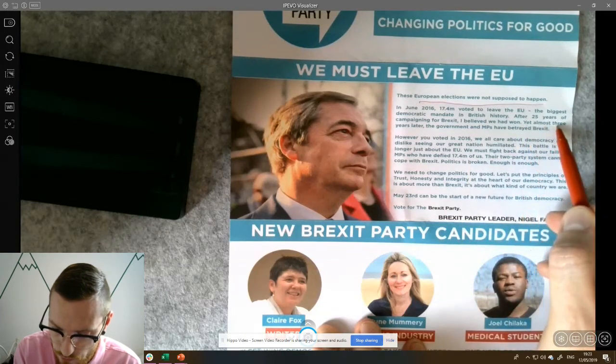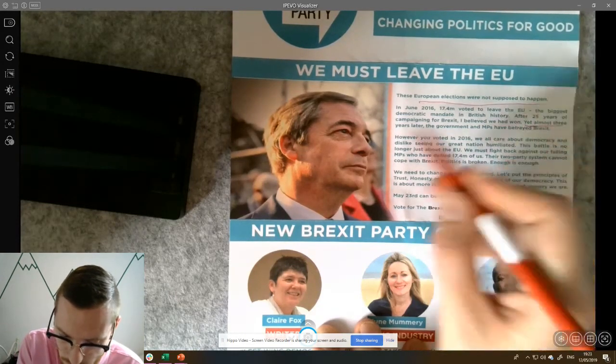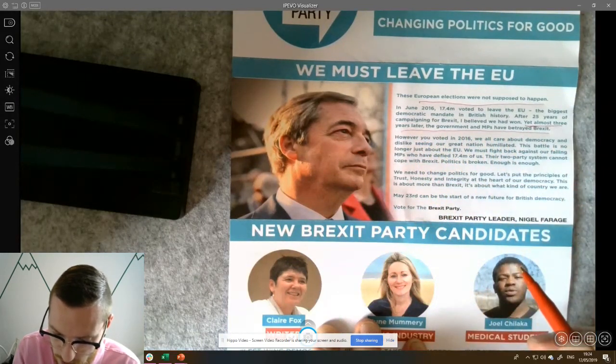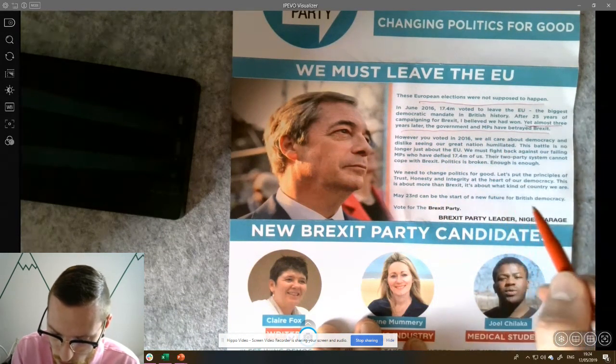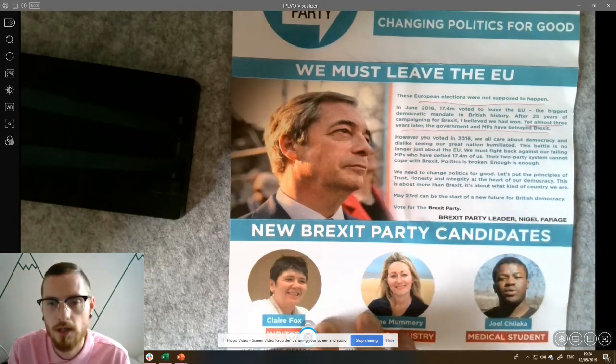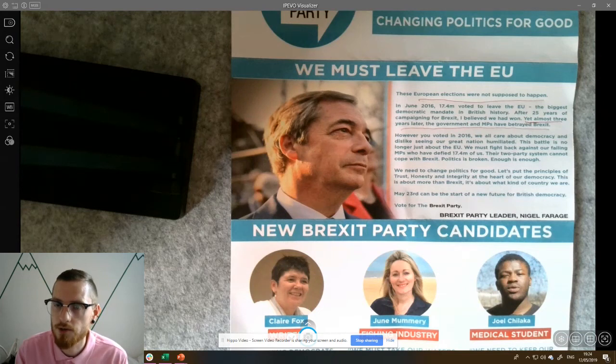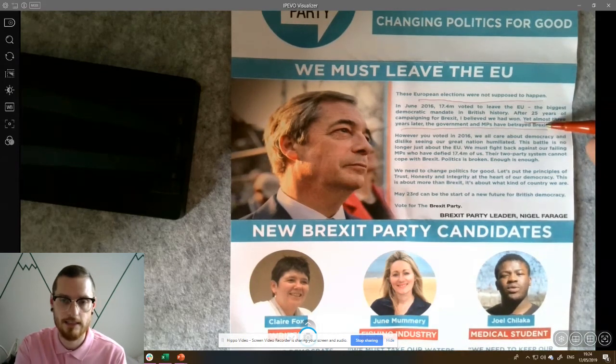Yet almost 3 years later, the government and MPs have betrayed Brexit. Okay. The language here is suggesting the Brexit Party, although they're on the same side as the Conservatives, or the majority of the Conservatives in terms of Brexit, i.e. that Brexit is a blessing for the UK, they are clearly distancing themselves from the Conservatives.